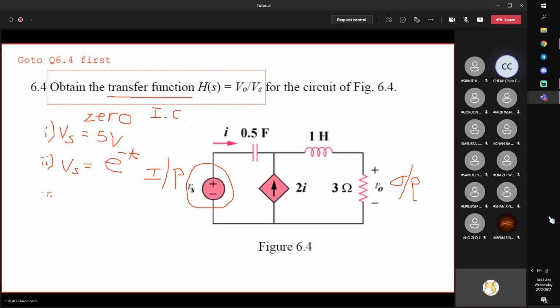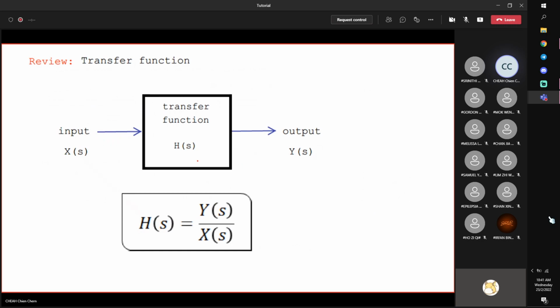Then obtain another one for Vs equal to an AC signal, maybe sine omega t. Now, one way is to solve this circuit 3 times. The other way is to get the model, so that after that you only need to substitute the input into this model to produce the output. Then from here you take inverse Laplace transformations to get y(t).